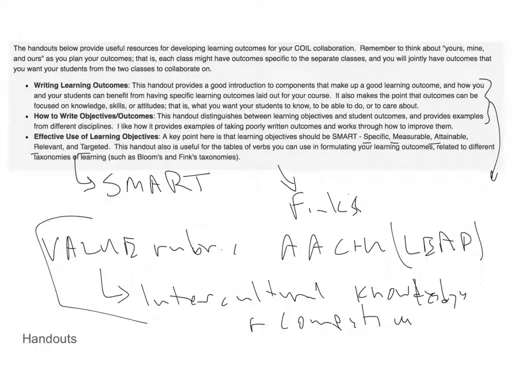And then frame those into a handful of specific learning outcomes that are going to be shared across the two classes for your collaboration, and post those into the discussion forum for this module. And we'll use those as the basis for doing some workshopping in our Collaborate session next week.